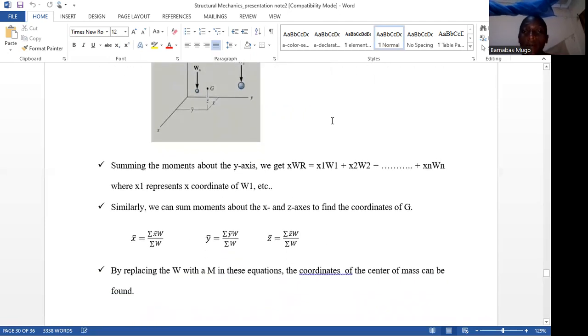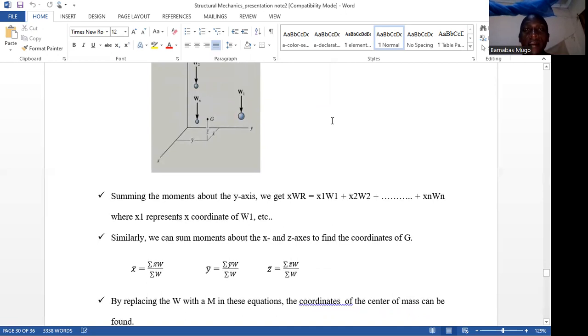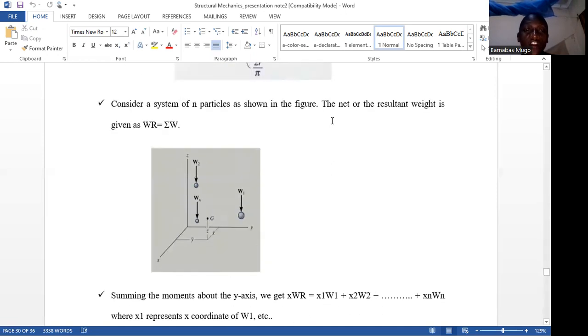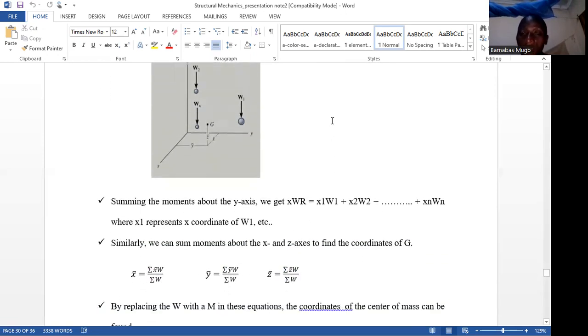So if we sum the moment about the y-axis, as you can see from that diagram, then we get x times WR, the resultant weight.